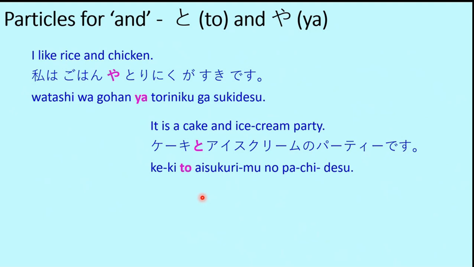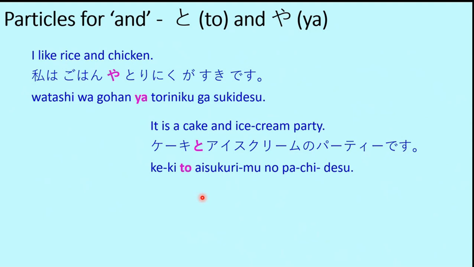I think with these four examples, it is quite clear now when to use ya and when to use to. So you have to apply your understanding and your common sense by looking at the situation and the sentence, and you have to analyze whether the list is complete or not. If the list is complete, if the options are complete, then to will be used.